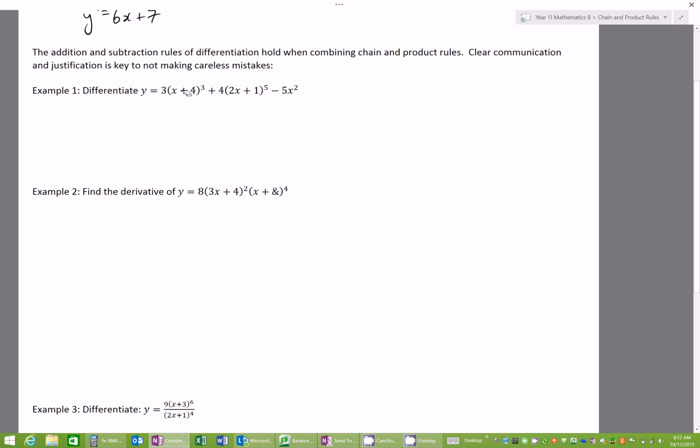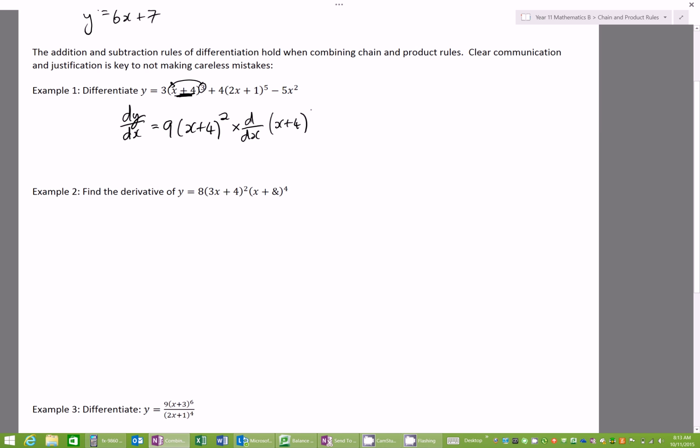So when you're differentiating a few things at once, like this one, I'd probably just do it all in one line. So my derivative, dy/dx, is going to be, well, imagine this is just a block. I'll multiply the powers together. 3 times 3 is 9. x plus 4 to the power 3 minus 1, which is 2. And I'll multiply this by the derivative of what's inside. So the derivative of x plus 4.